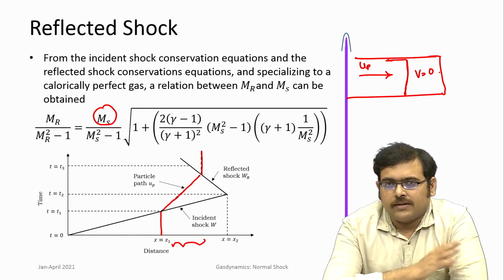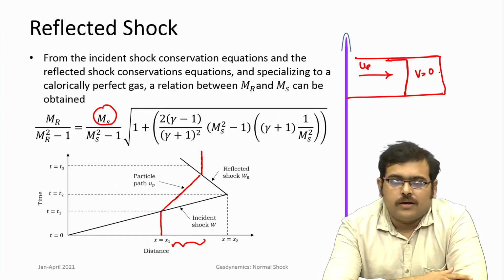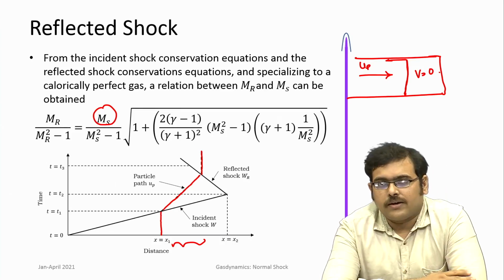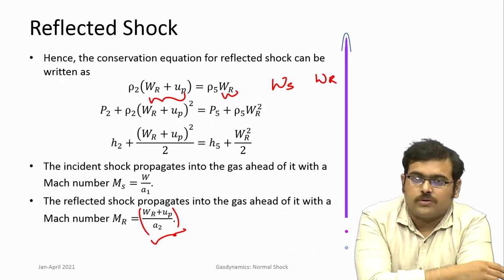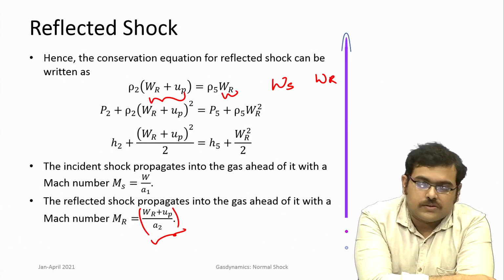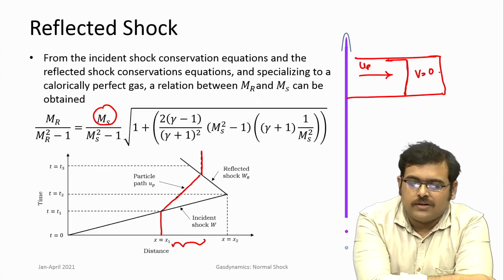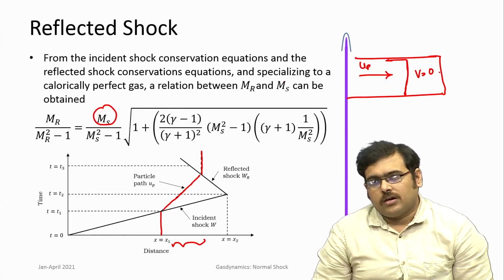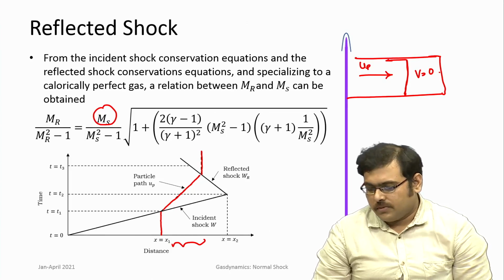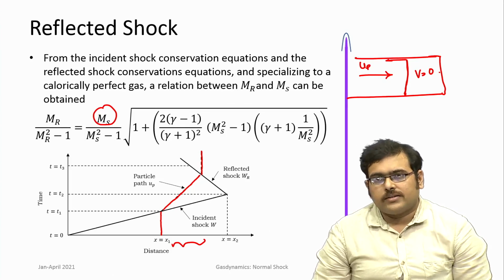And analysis of the reflected shock is again same as a moving shock, but now the transformation is Wr plus Up, which is what you have to take care of. So, moving shocks are important in shock tubes, which are devices used in several laboratories and having other applications as well.